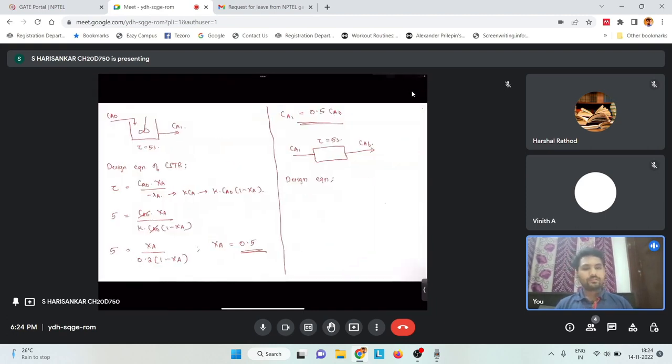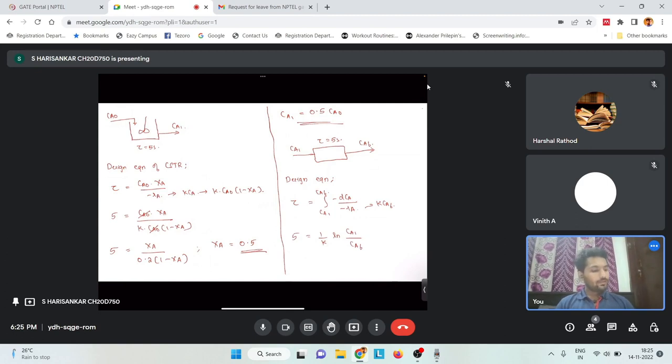So the design equation for this PFR will be tau is equal to integral of Ca1 to Caf minus dCA by minus Ra, and this minus Ra will be Kcaf, right? So we can integrate this equation, and we can also substitute tau as 5 seconds. We'll get 5 is equal to 1 by K ln Ca1 by Caf.